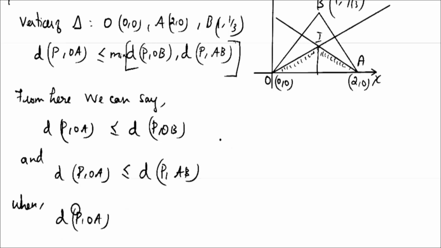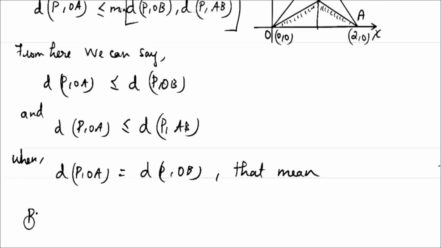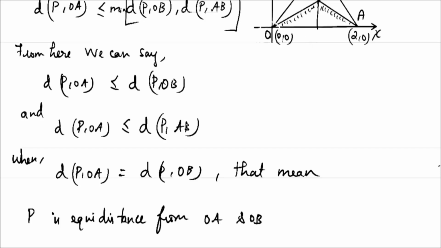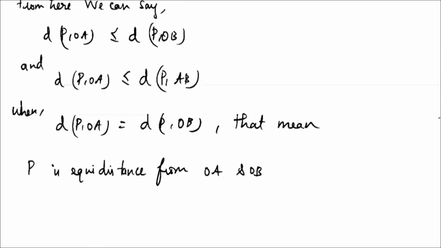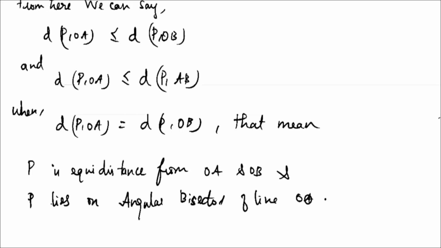So when d(P, OA) equals d(P, OB), that means P is equidistant from OA and OB, and P lies on the angular bisector of lines OA and OB.